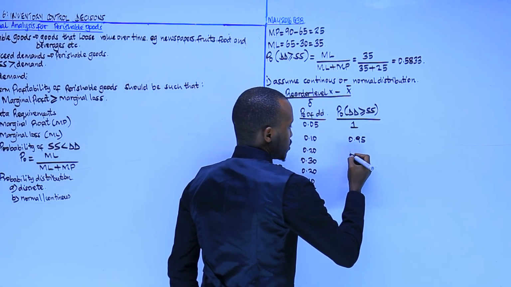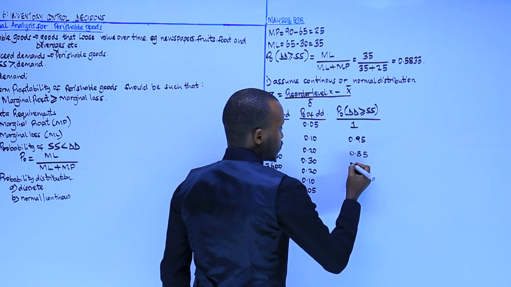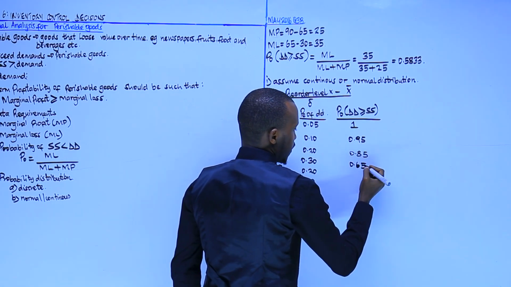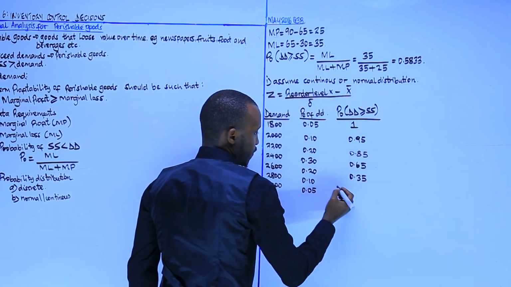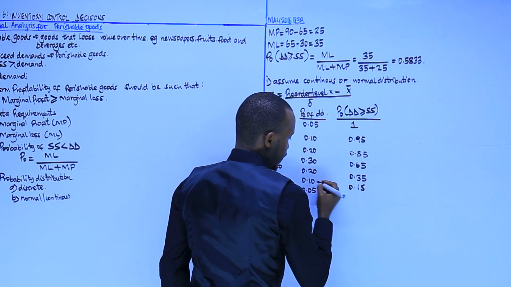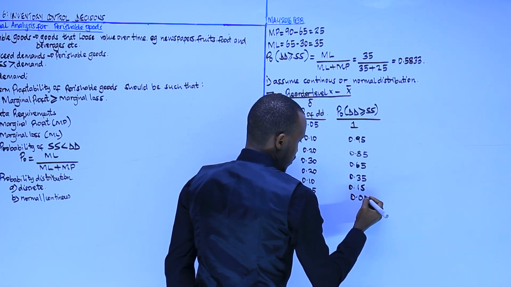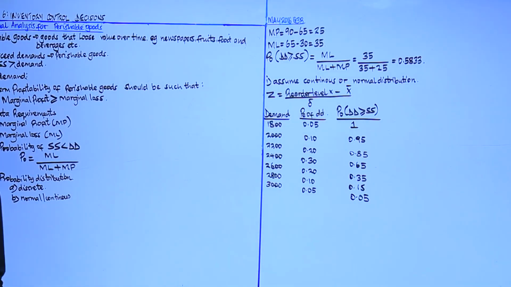This will be 0.85, 0.65, 0.35, 0.15, 0.05. I hope that is clear.